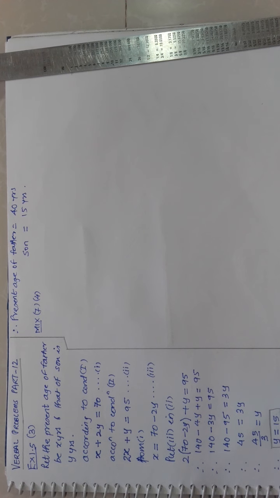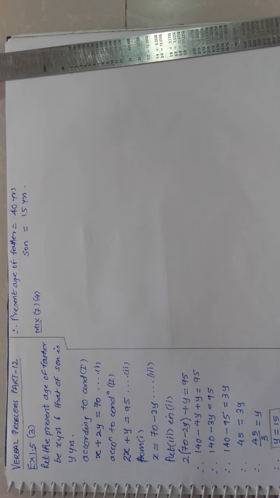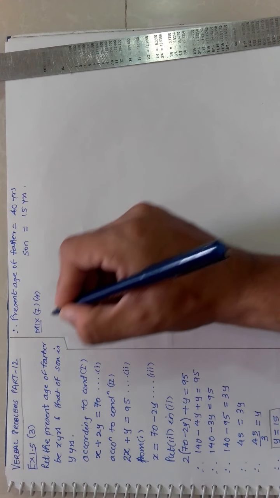Manish's age 3 years ago was 4 times the age of Savita. The relationship is given 3 years before. That means you will have to think about what will be their age 3 years before and find their present age. So let me assume their present age.